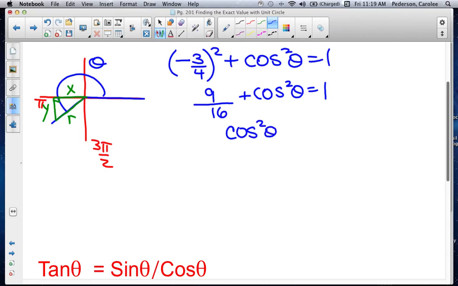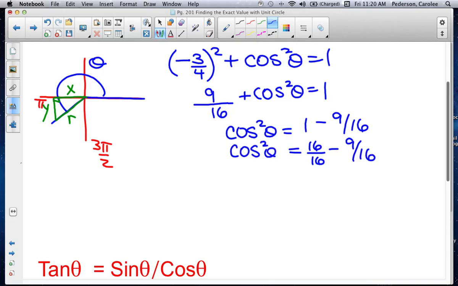Subtract 9/16 from both sides. Change the 1 to 16/16. 16/16 minus 9/16 is 7/16.